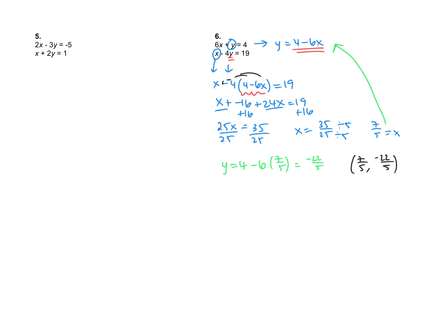I want to write down 1 or 2 more things, and then I'm going to give you some time to work. What I want to make sure that we understand is that this is the only pair of x, y that makes both equations true at the same time.